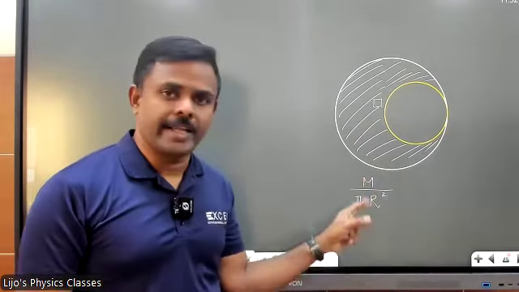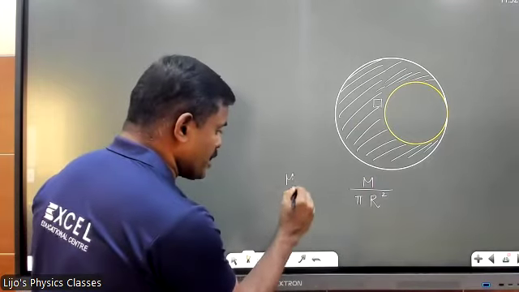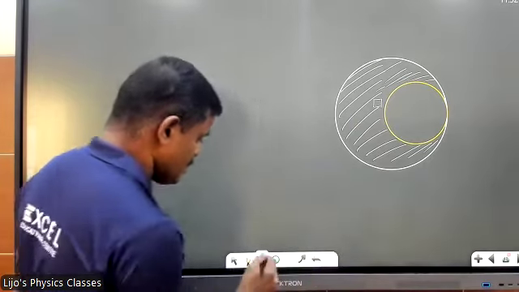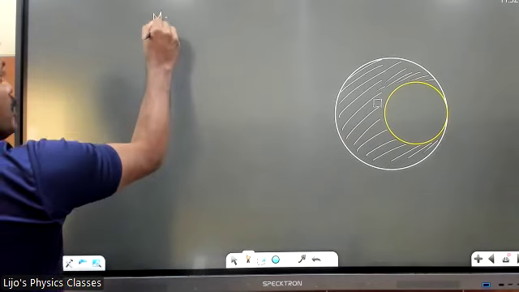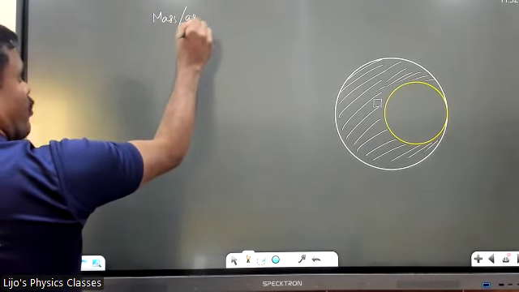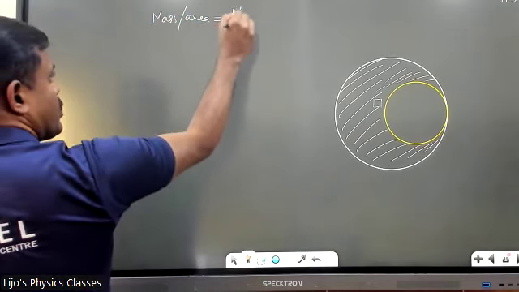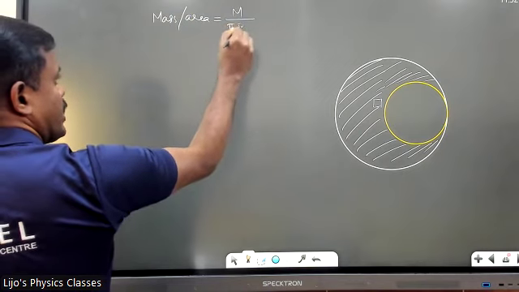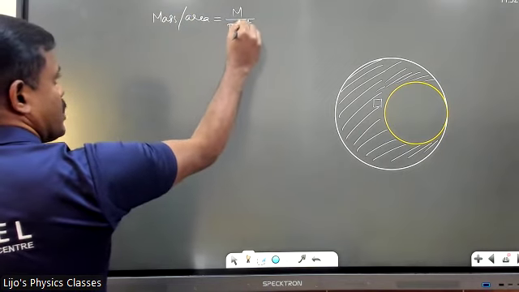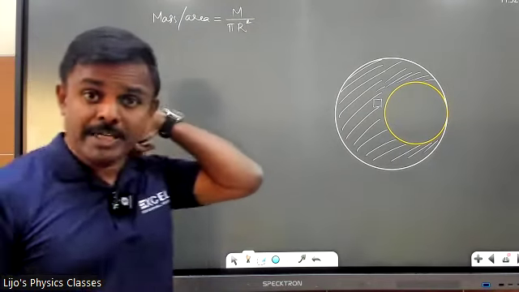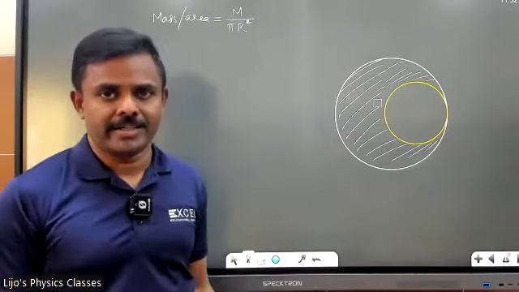Mass per area of the disk is total mass by total area.